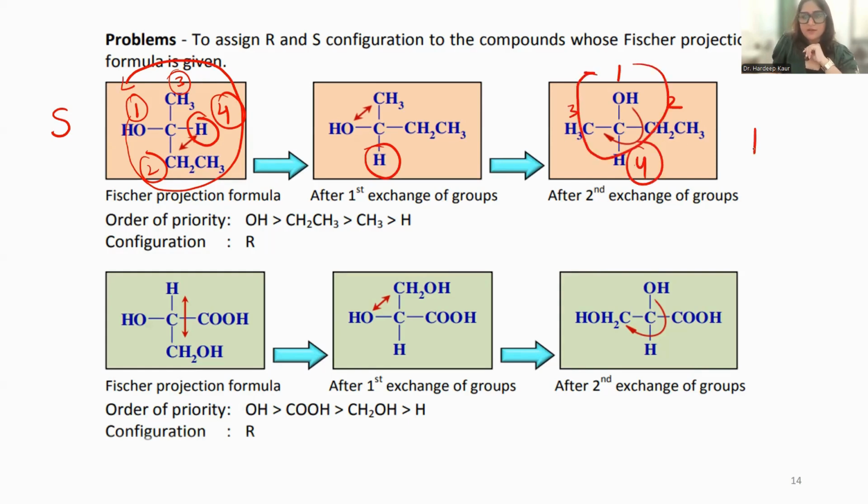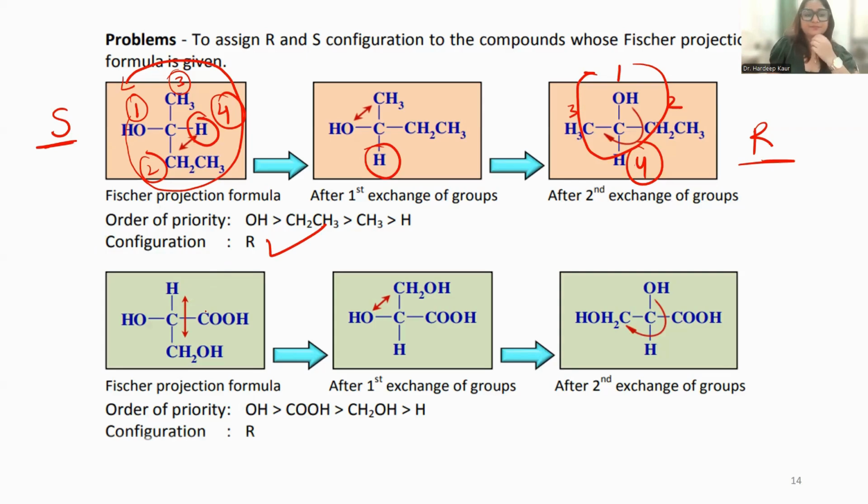It is R. Previously it was S, but you have to write it R. Correct answer is R. Okay. Why? Because whatever the lowest priority group is, which is attached to the chiral carbon, it should be at the top or bottom of the Fischer projection formula.